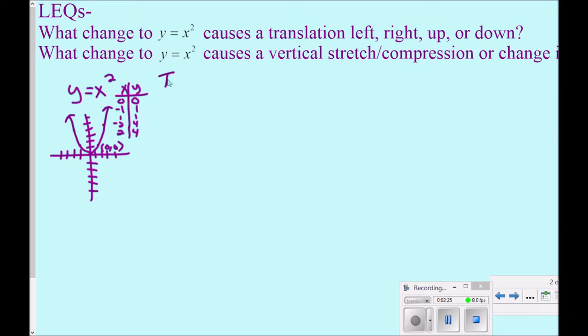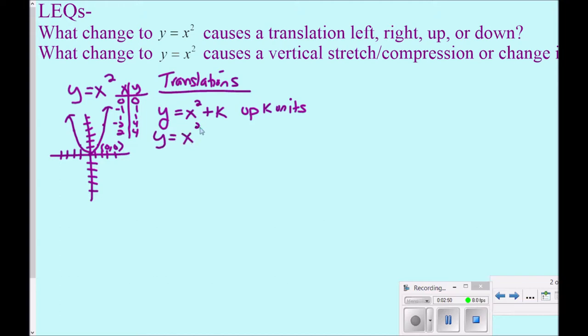So if I looked at y equals x squared and I want to add on a number, k, that would be an up shift. Similarly, x squared minus k would be down.